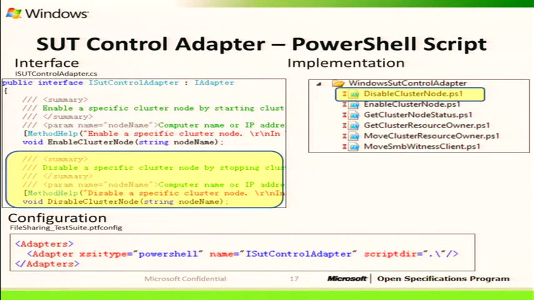If we want to use the PowerShell script for this SUT control adapter, we could change the adapter type to PowerShell in the configuration file. This file.